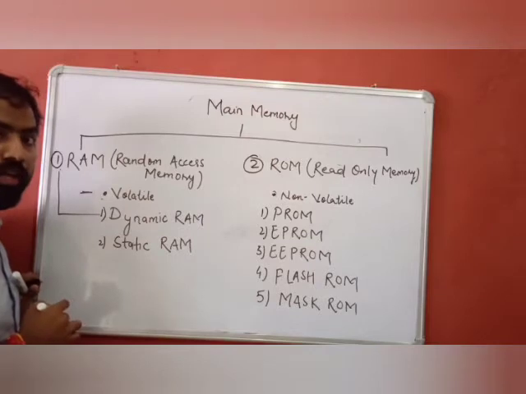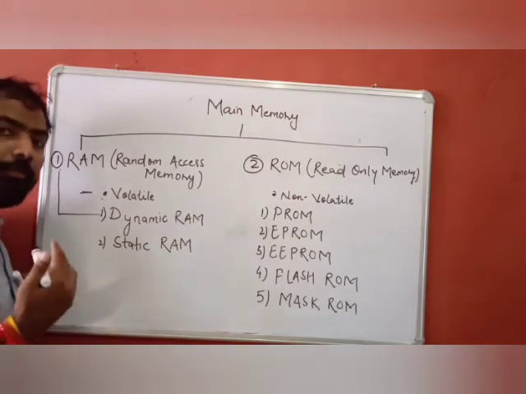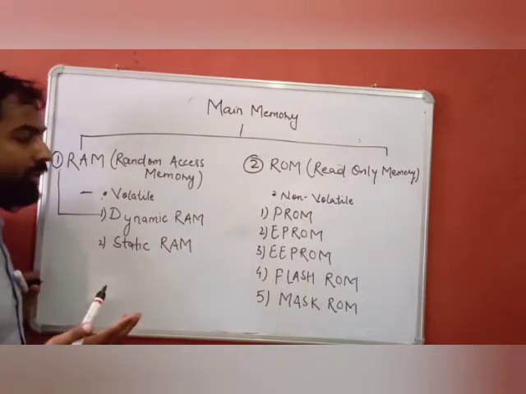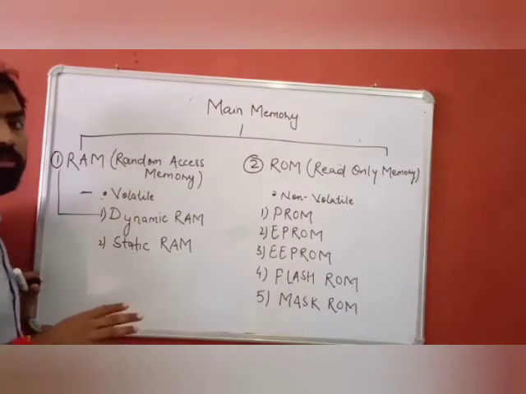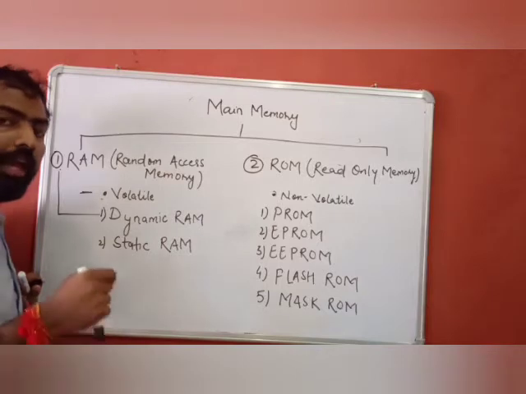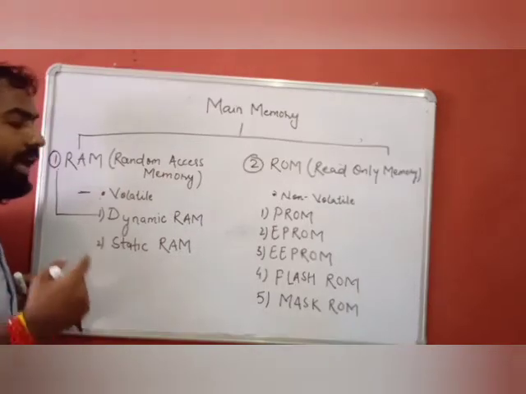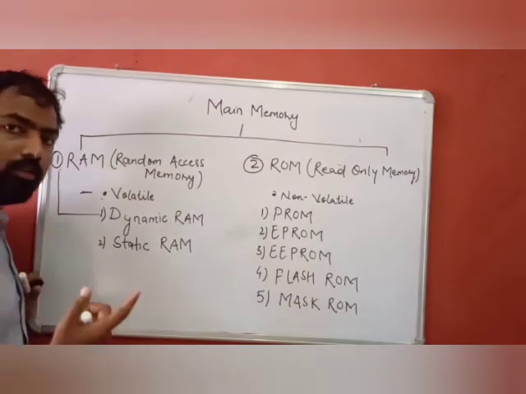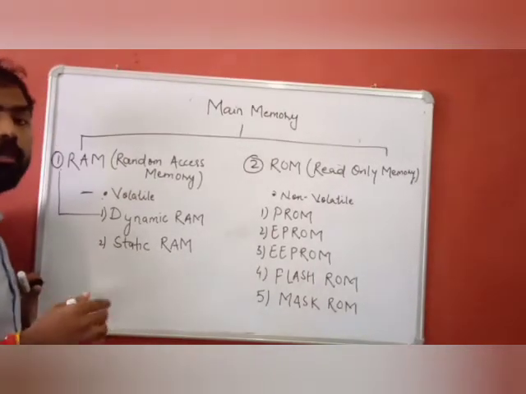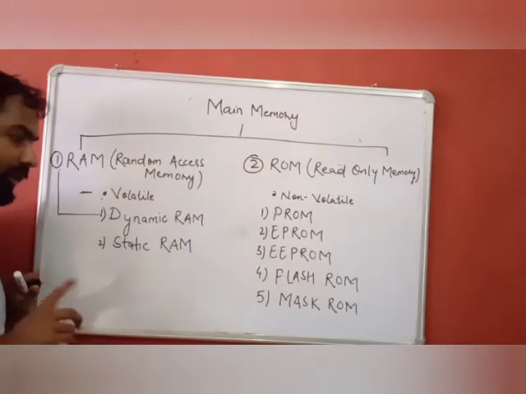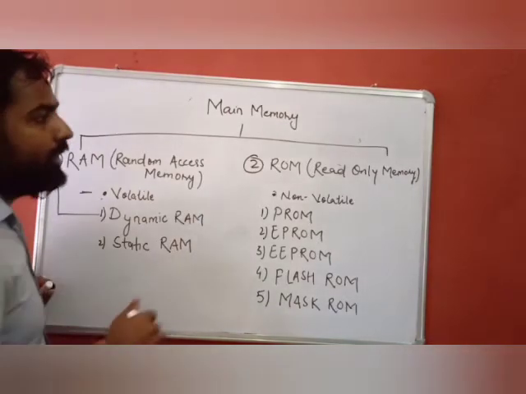It means as the power goes off, the memory provided by RAM will be lost. As your system turns off, the memory provided by the RAM will be lost. This is the main drawback.